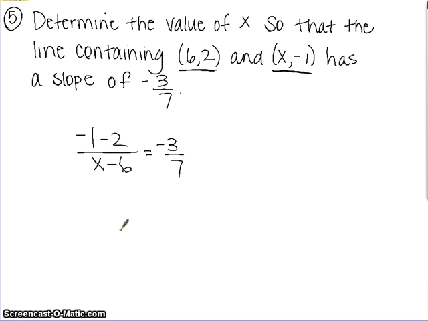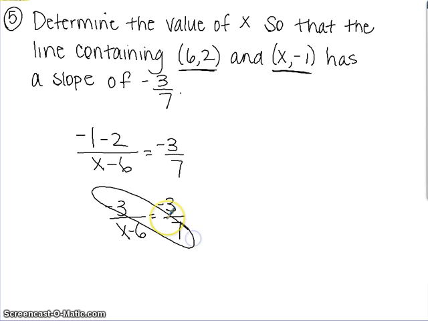Okay. Let's simplify. I'm going to simplify the top. Negative 3 over x minus 6 equals negative 3 over 7. Now maybe some of you are good and you can figure out just by looking at it what it is. For the rest of us, you know what you can do whenever you have two fractions that are equal to each other? You can cross multiply.